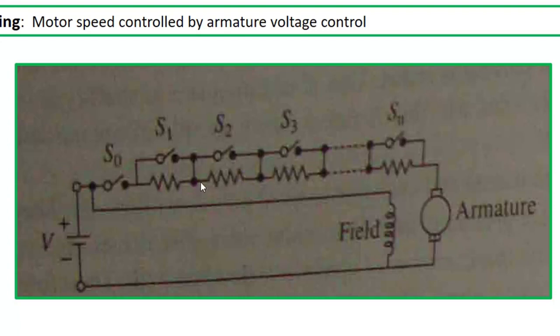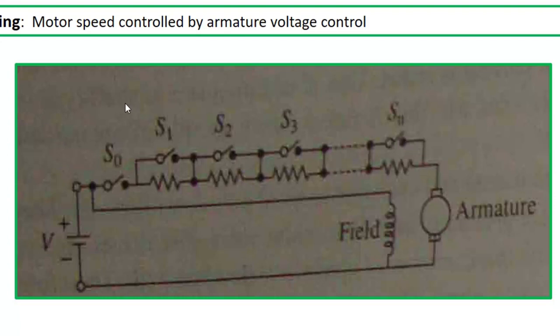Now this EMF will oppose the current, that means an opposing force is developing to oppose the armature current. As soon as this EMF developed across the armature increases, slowly these resistances are removed from the system by switching S1, S2, S3 on. Then the current will be bypassed through this direction at rated speed of the motor.